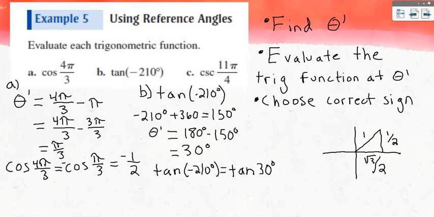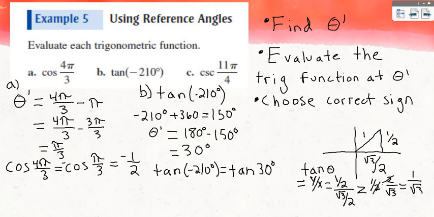And then remember that my tangent equals y over x. So we would get 1/2 divided by the square root of 3 over 2, which gives us 1/2 times 2 over the square root of 3. My 2's reduce, so I end up with 1 over the square root of 3.